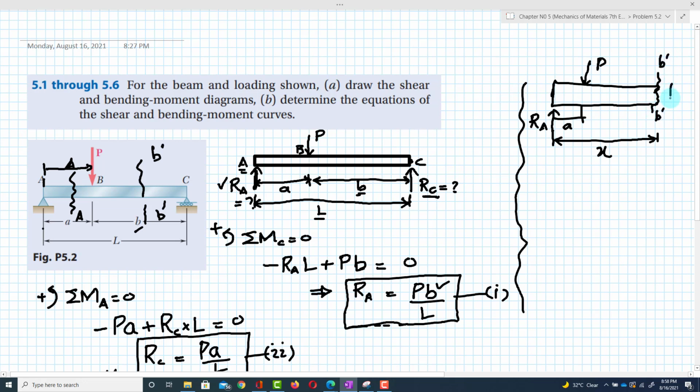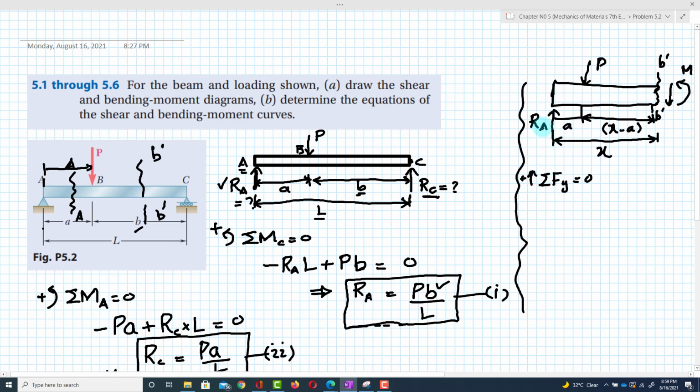Here you will have a shear force followed by a couple due to the reaction. Clear? If this total is X and this is A, then definitely from this point till this point, the distance will be equal to X minus A. Clear? Now we will find the shear force equation for this scenario. The sum of all the forces along the y direction must be equal to 0, taking upward as positive.